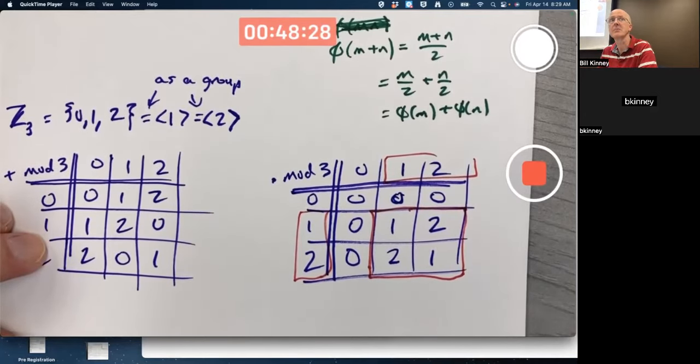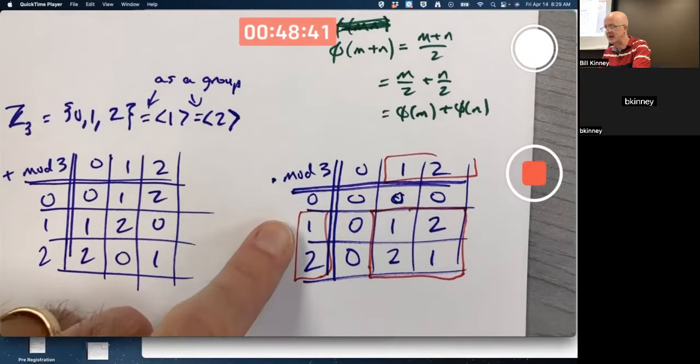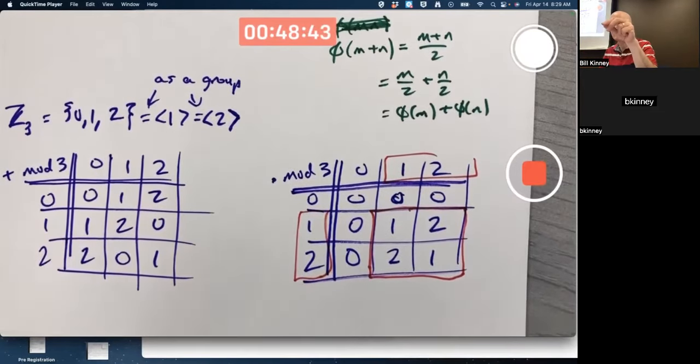It would be an abelian group under multiplication mod 3, isomorphic to Z2. Operations are different. Z3 take away 0 is just the set 1 and 2. It's a group under multiplication mod 3. Isomorphic to Z2, which in group theory means 0 and 1 under addition mod 2.